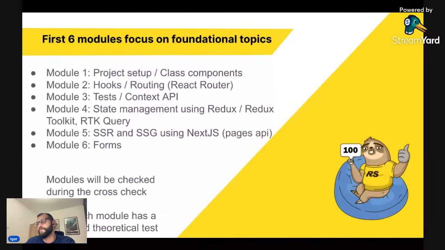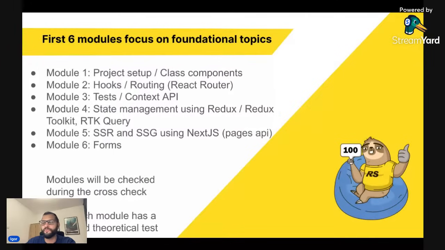Model 5, here you will be doing some SSR and SSG. For those who don't know, this is server-side rendering and static site generation. So at least you will know the difference. And for this, you will be using Next.js with the Pages API.